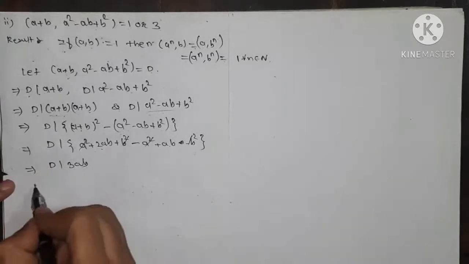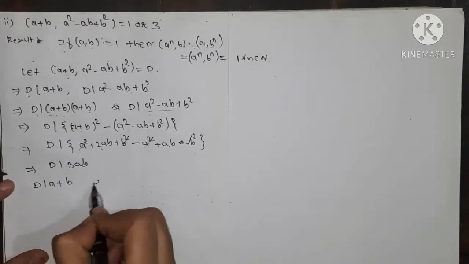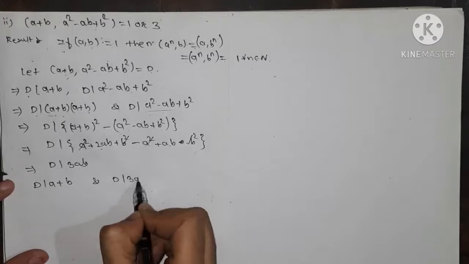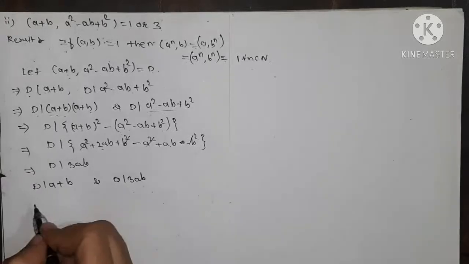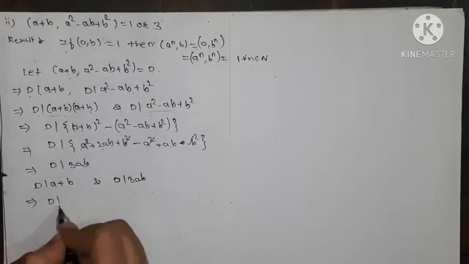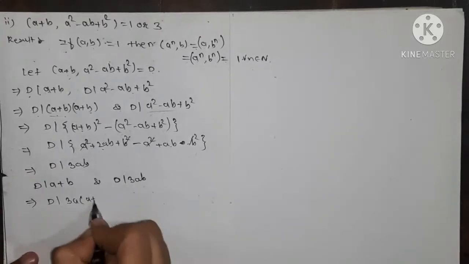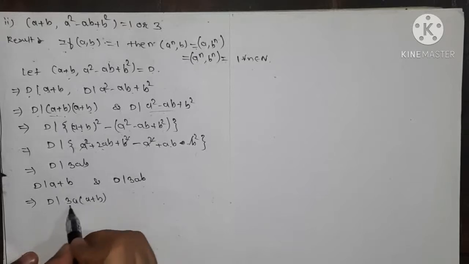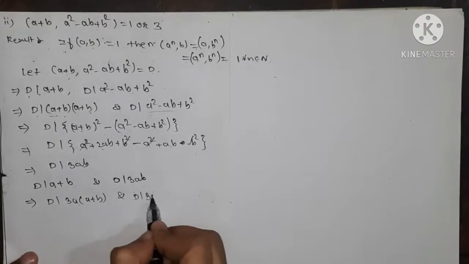As D divides a plus b and D divides 3ab, this implies D divides 3a into a plus b. We take the multiplication of a plus b as 3a and D divides 3ab.